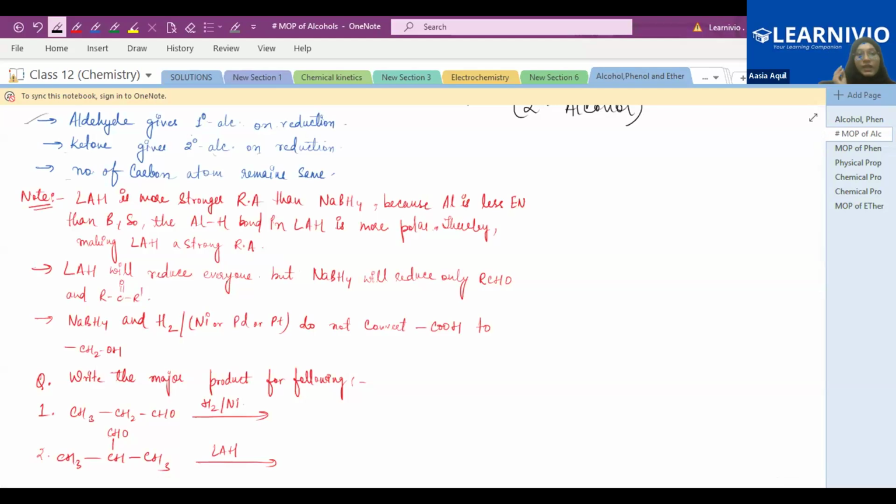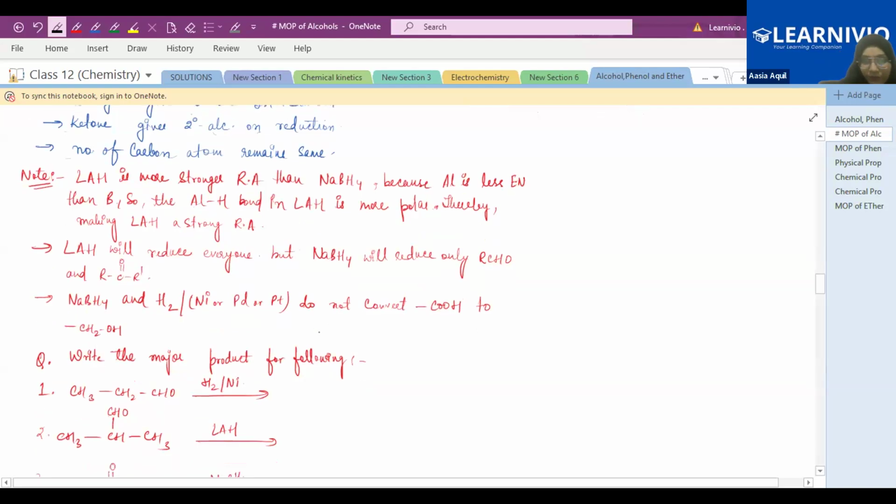That's why sodium borohydride is a weak reducing agent as compared to lithium aluminium hydride. Lithium aluminium hydride will reduce every group, but sodium borohydride will reduce only your carbonyl compounds, which are aldehydes and ketones.